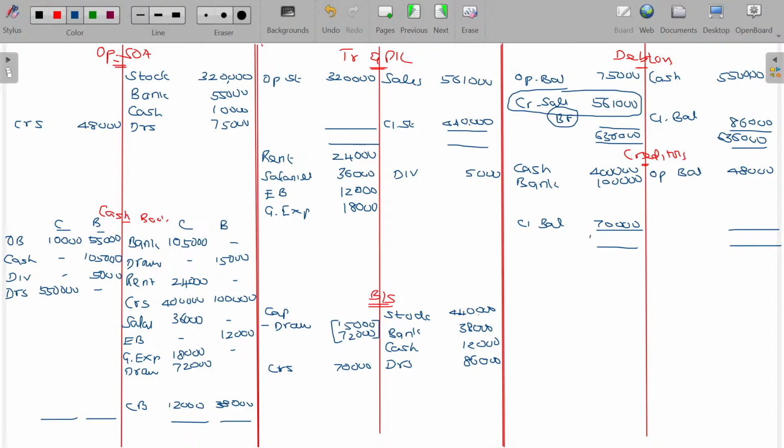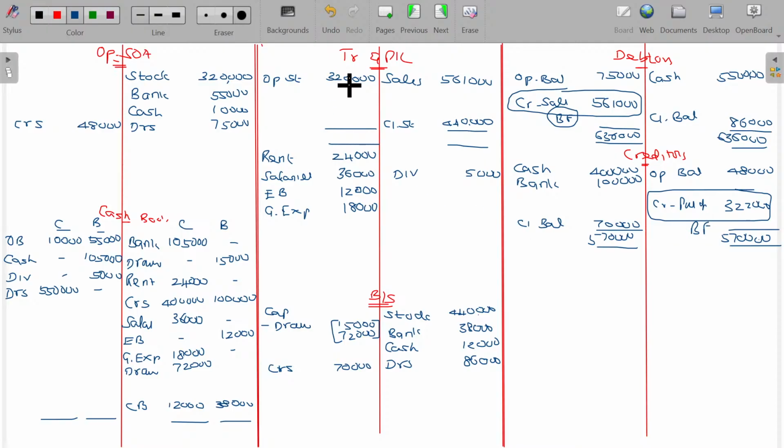Creditors: 5,70,000 on one side, and 3,22,000 is the balancing figure. What about this one? Creditors increases only due to what? Credit purchases. So credit purchases, balancing figure. Where will it go?